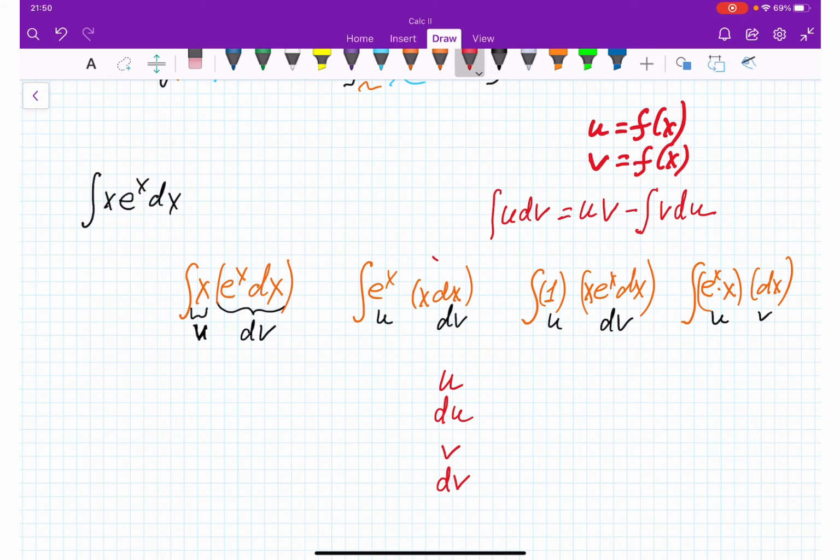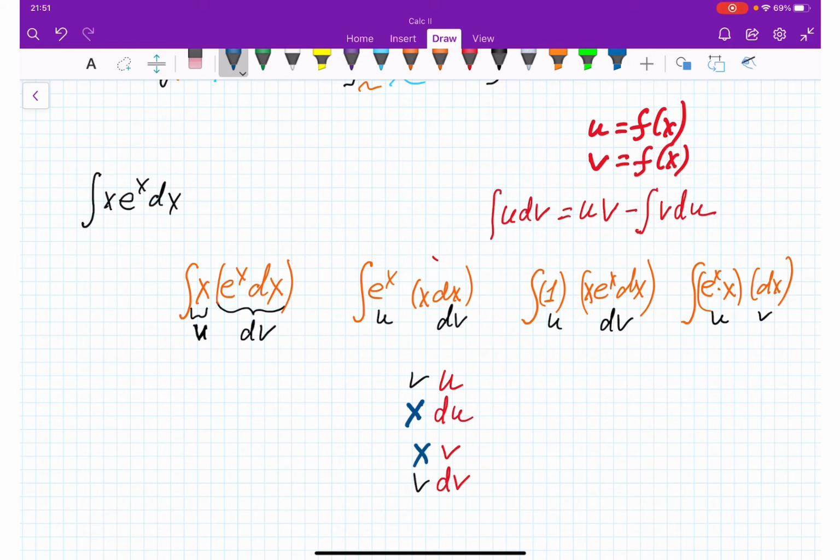So we are going to be given u and dv, which means du we need to calculate and v we need to calculate.